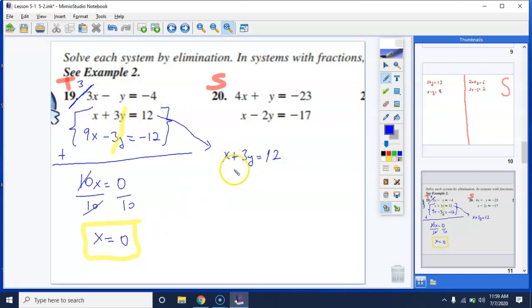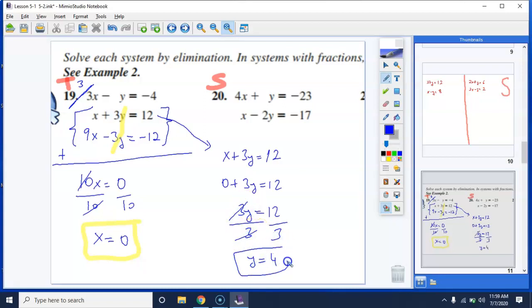I know what x is, so plug it in there: 0 plus 3y equals 12. 0 plus 3y, 0 is nothing there. 3y is 12, so divide both sides by 3, so y should be equal to 4. That's my answer. x should be equal to 0 and y should be equal to 4. So those are my solutions.